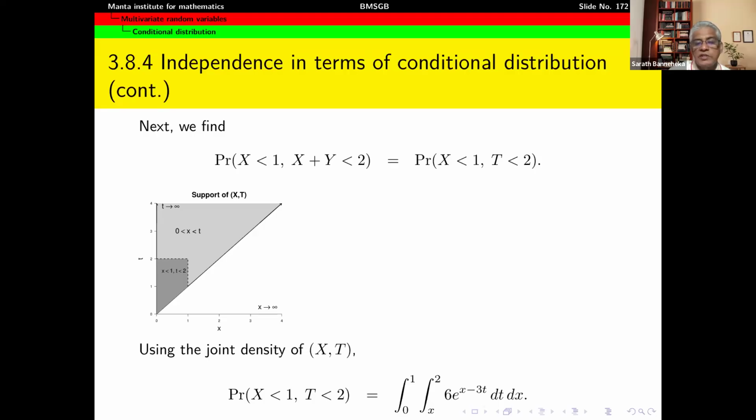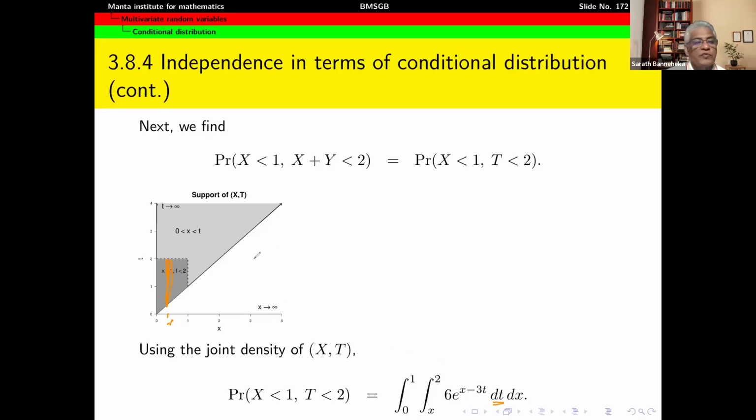This is the joint density. We are integrating with respect to t first. So let me just draw it to be more clear. Remember, what we want is to integrate first over this line here, for a particular fixed x.